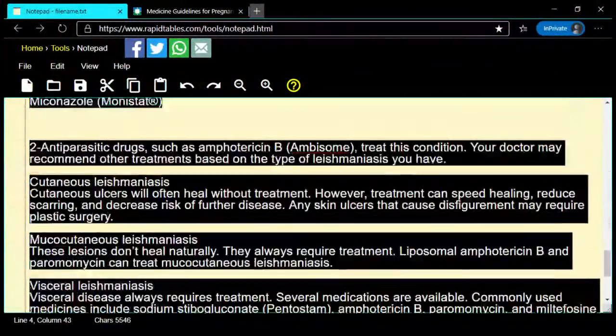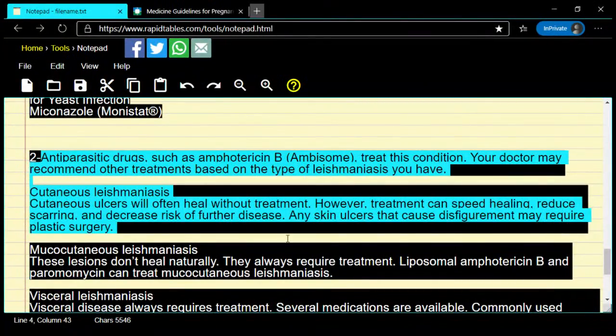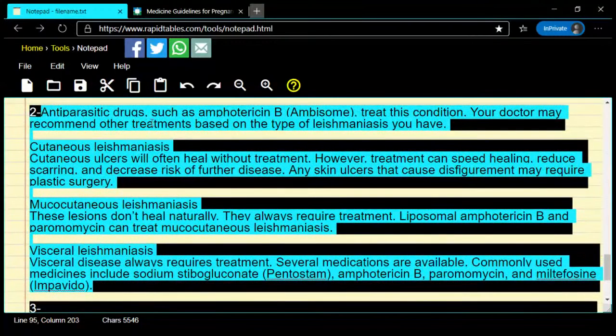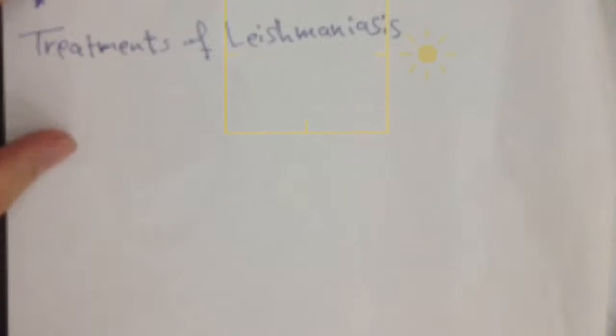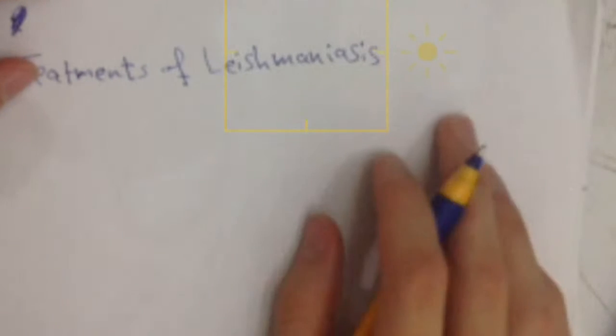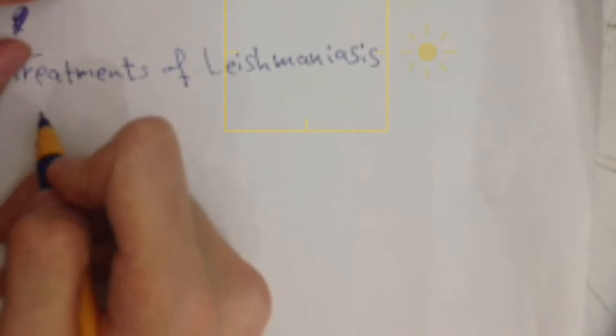Number 2, subject number 2, that we have already written a paragraph on, containing antibiotic drugs such as we will be writing right away. Okay, treatment of leishmaniasis.